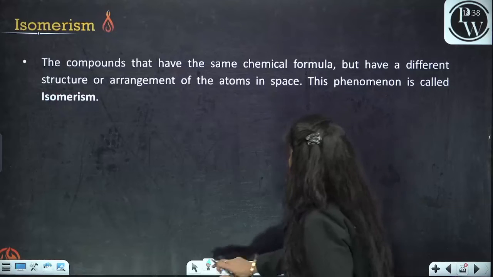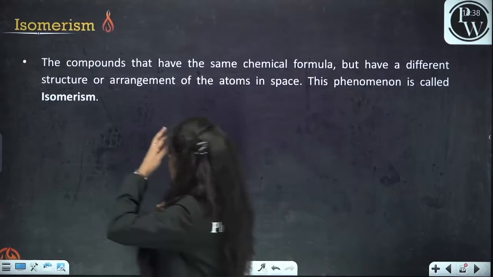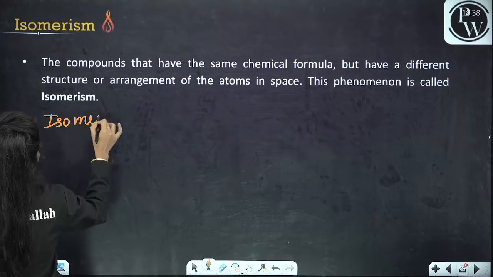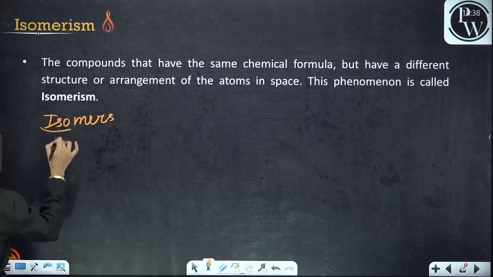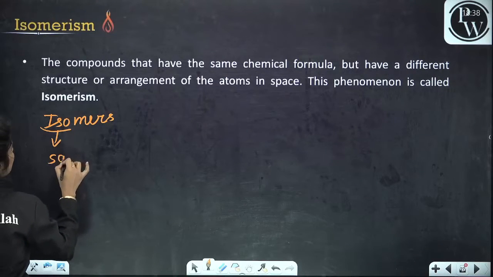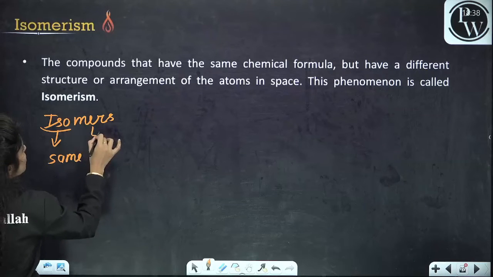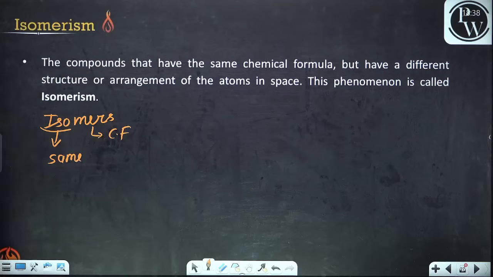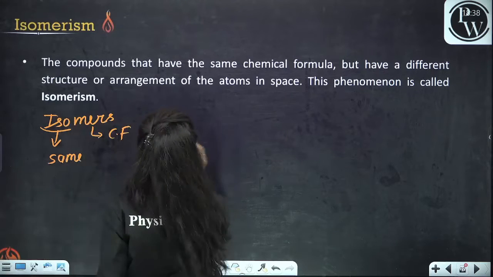Now, isomerism. So basically, you can learn this like so. Isomers. Iso stands for same. Mers, you can call it chemical formula. Okay, I will write it in the simplest form.